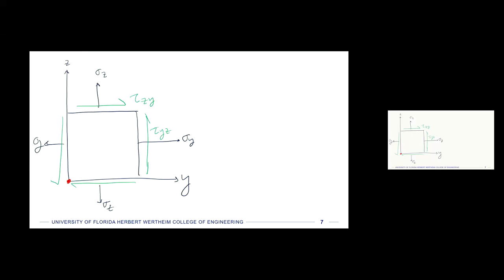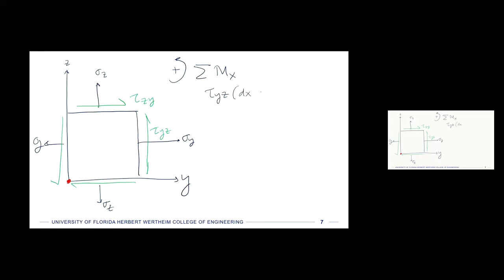Let me go back to a dark color. All right, so the sum of moments, and that's going to be around the x-axis, and we will take counterclockwise positive. So we will say that tau yz, right? That's a shear stress, it's not a force. And if we need a moment to be a force times a distance, we need to convert this into a force. This is acting on the y face of our cube, which has the dimensions dx dz.